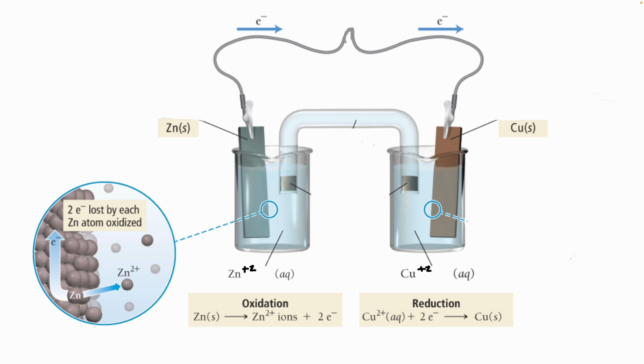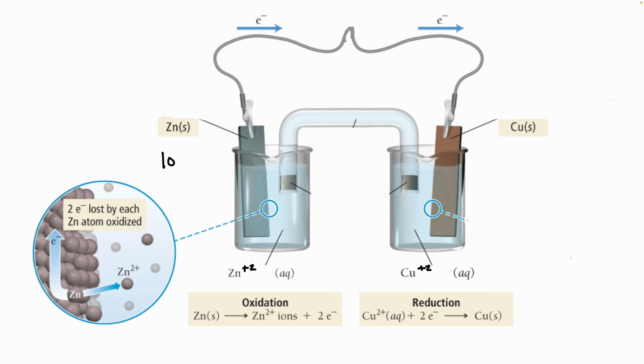We still have zinc atoms being converted into zinc ions. So what's going to happen to this strip of metal as our battery runs, as this reaction occurs? It's going to dissolve, right? So we're going to start losing zinc atoms as they become zinc ions. So yes, we're going to lose mass over here.